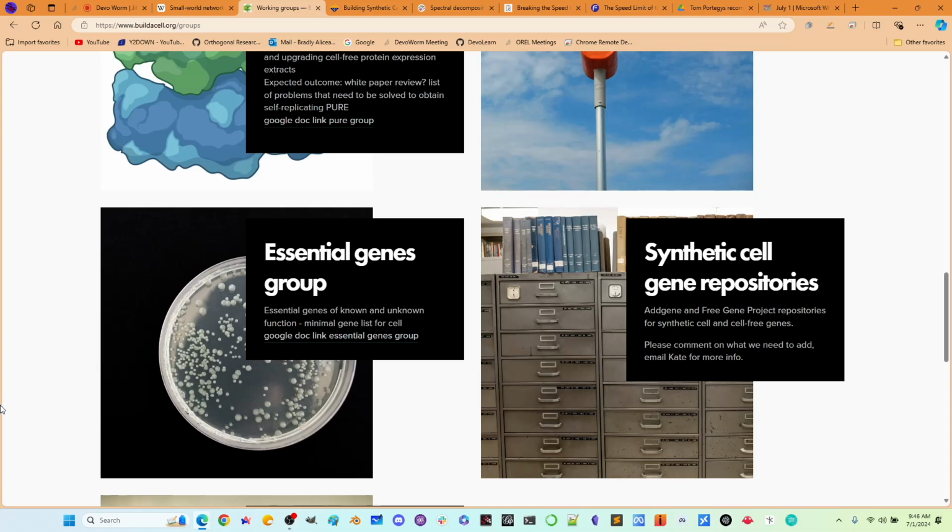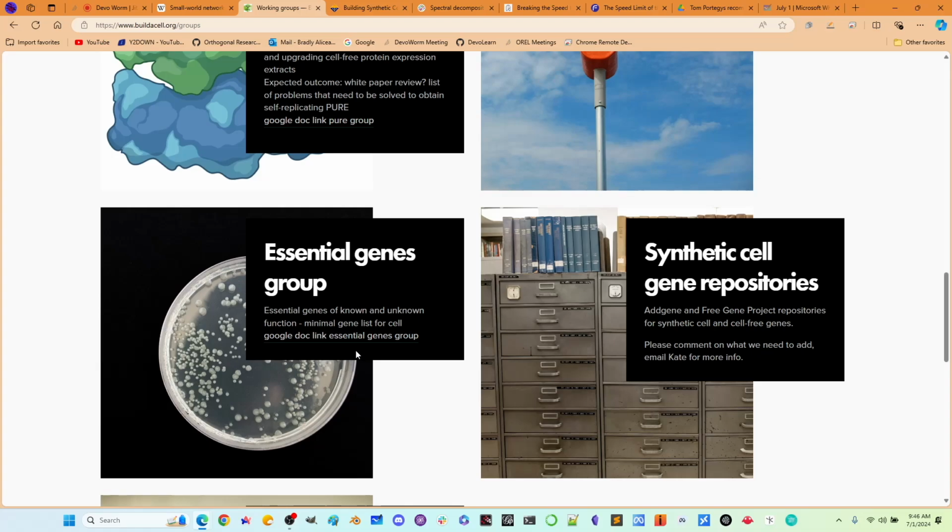It isn't a very robust cell. It just allows the cell to be alive and maybe replicate. So once you have a minimal gene list, you can then add genes to boot up different functions.